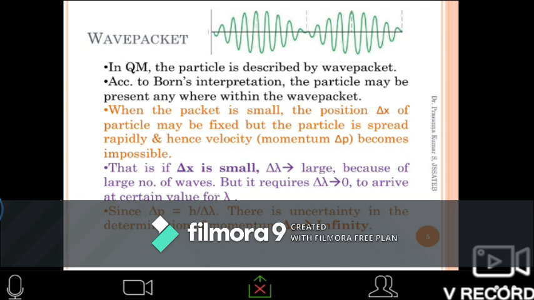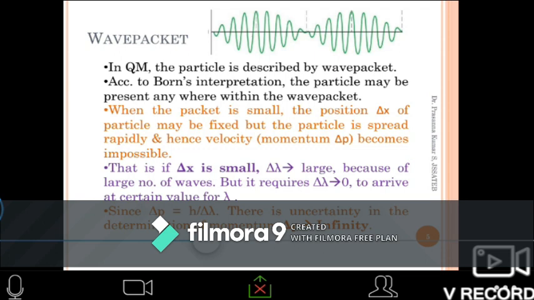Nodes are the points where you get the minimum amplitude, and antinodes are the positions where you get the maximum height. When an electron is moving, it is not associated with a single wave. It is a collection of waves, a wave packet. Within the wave packet there is a peak, and there are nodes and antinodes. Antinodes represent the points of highest amplitude.